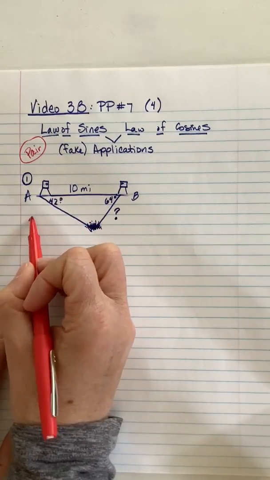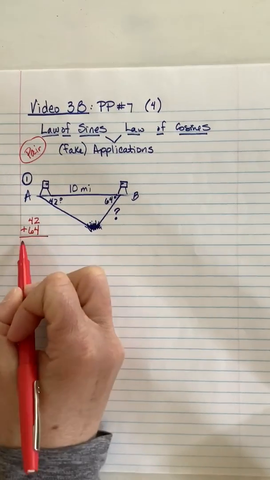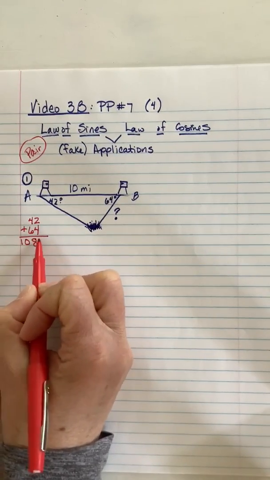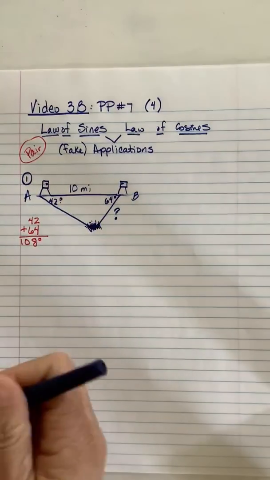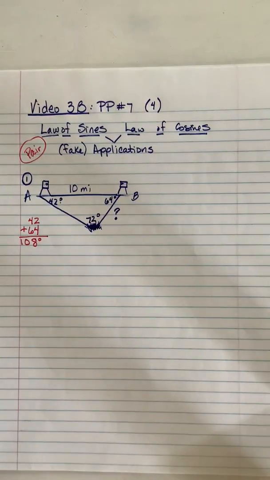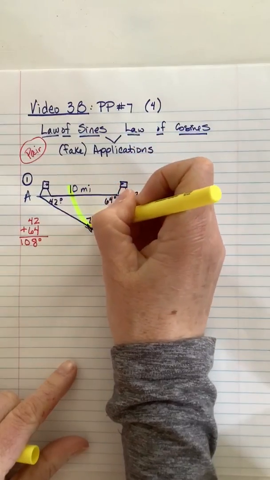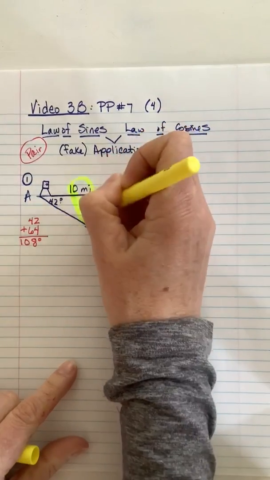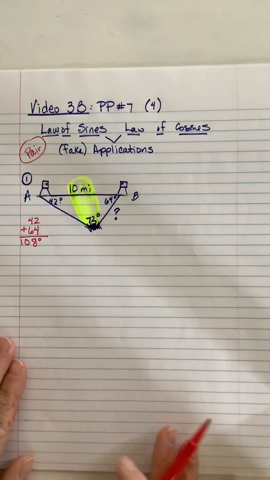So I'm already at 42 plus 64, which is 108 degrees, which means I must be left with a 72 degree angle right here. And if you can remember that little piece of information, there's your complete pair. So I could now use law of sines to figure that out.